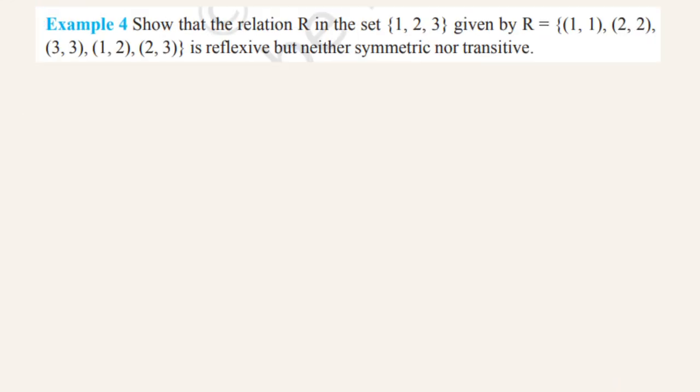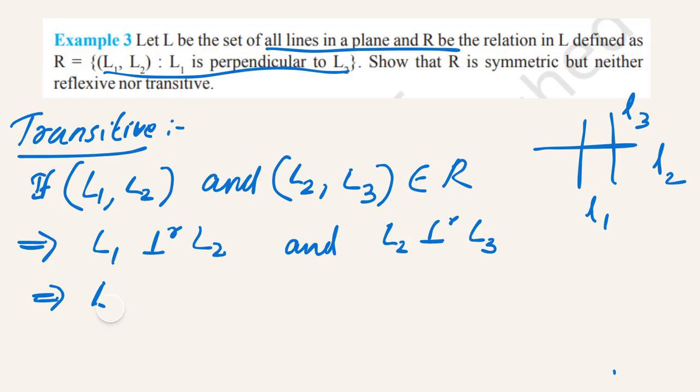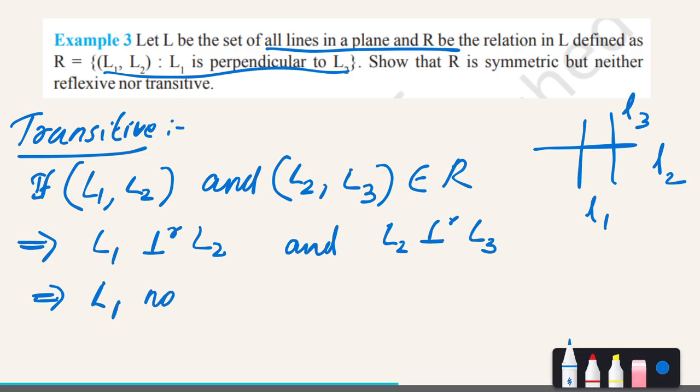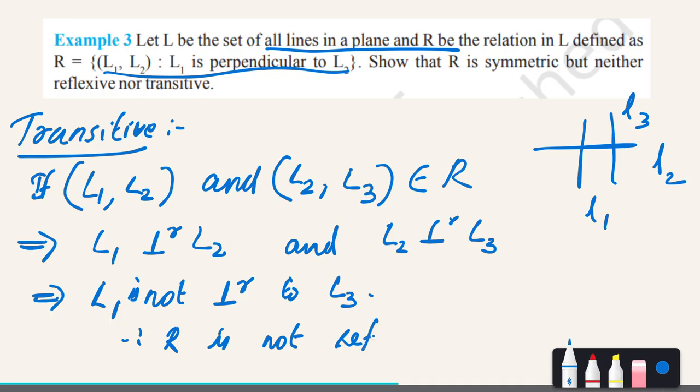Sorry, dears. So here we have to write L1 is not perpendicular to L3. Therefore, R is not transitive. Okay, dears? This is the condition.